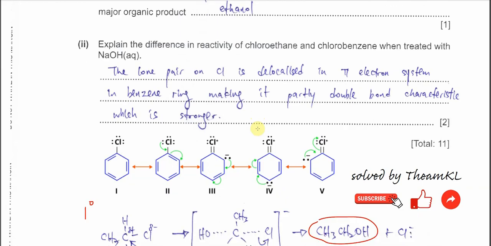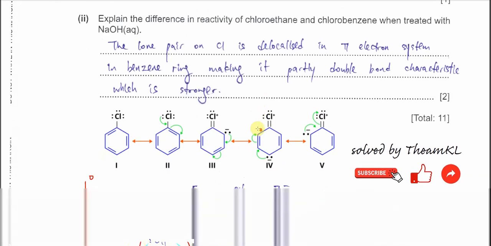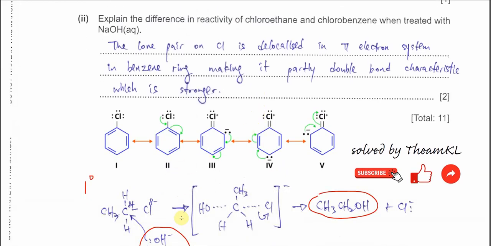Now in this part you need to explain why chlorobenzene is not really that reactive. It cannot react with sodium hydroxide in the water, in aqueous solution. So first, let's look at this diagram.